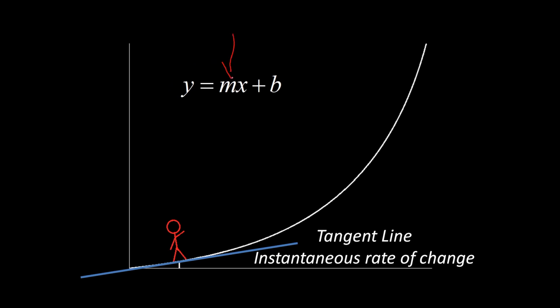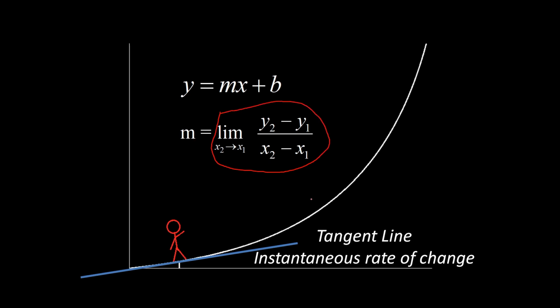However, the slope of this blue line is the limit of the slope formula. And remember, this limit is ultimately the definition of the derivative. In other words, the derivative gives you the slope of the tangent line.